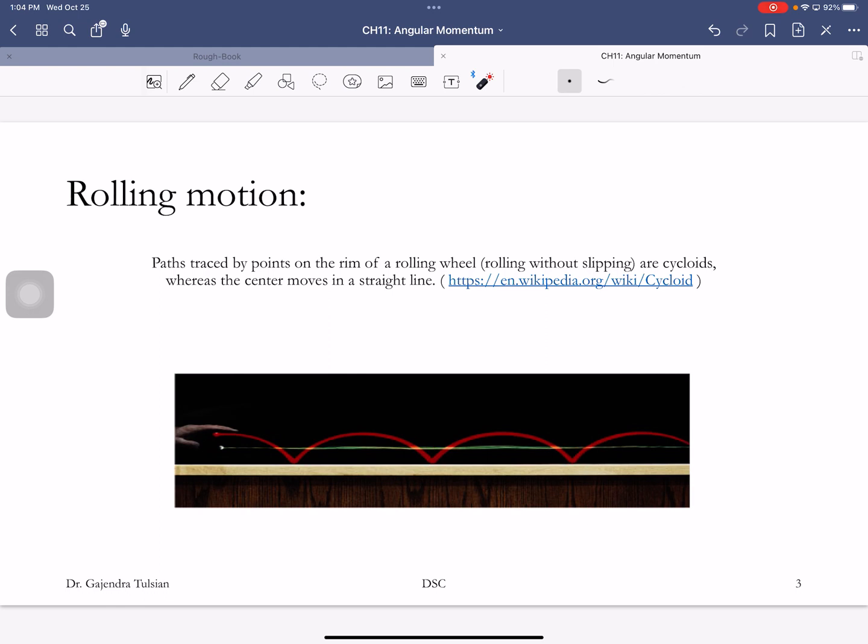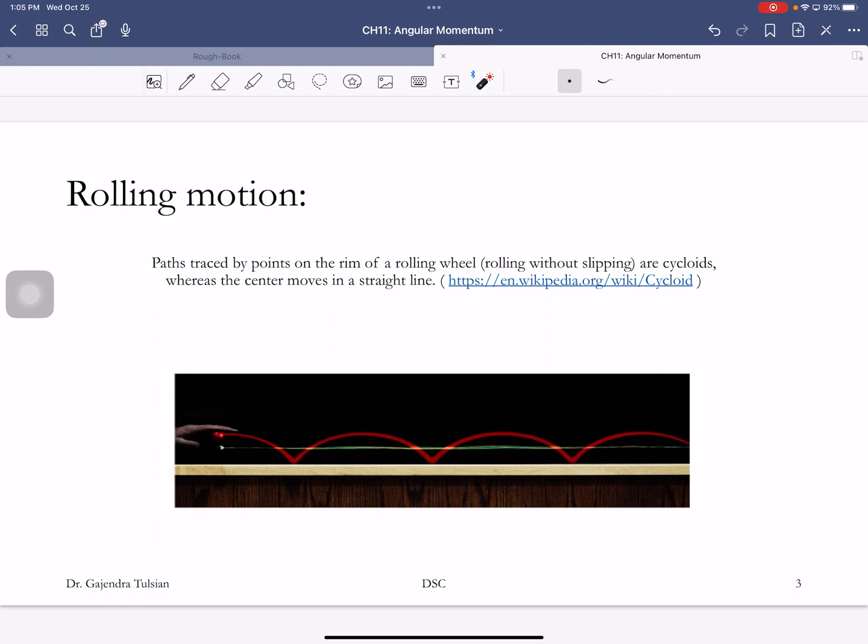Now also here's what that diagram is. If this is a wheel, you put a light bulb here on the rim. If this wheel rolls at constant velocity, that light will go on a cycloid. The path traced by the light bulb will be a cycloid.